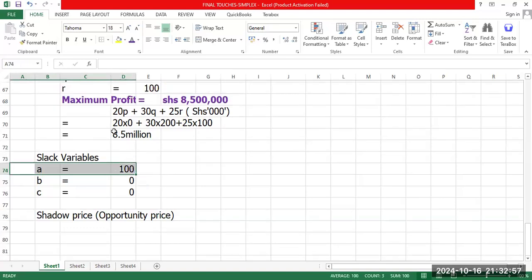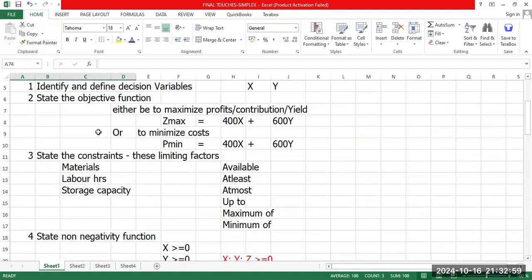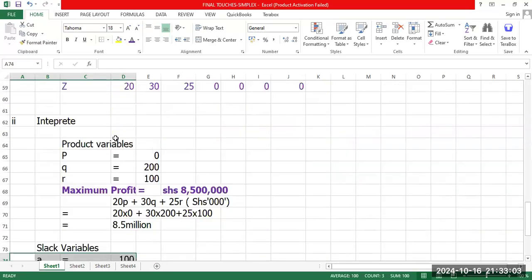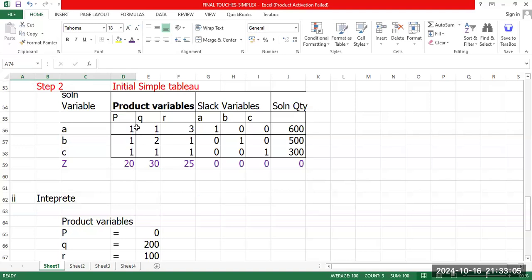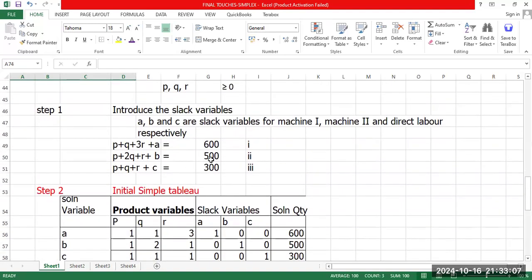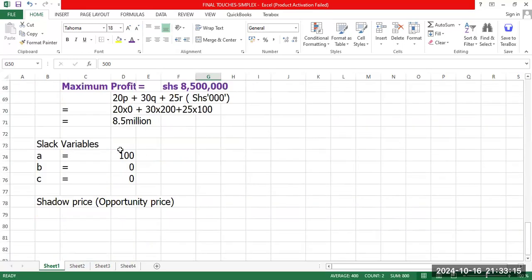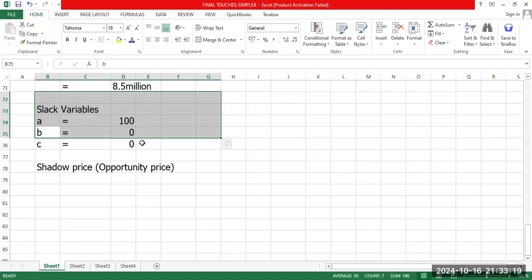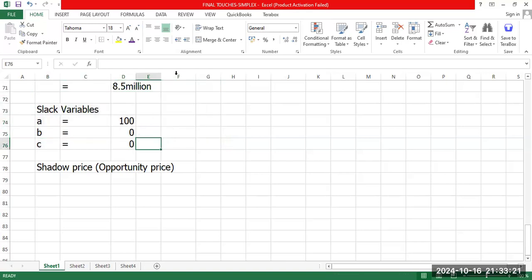But when it comes to machine 2 and direct labor hours, it means that the company fully utilized all the hours that were available. There is no surplus. There is no unutilized time here. That is the reason why you have 0 here. Is it clear? Okay.